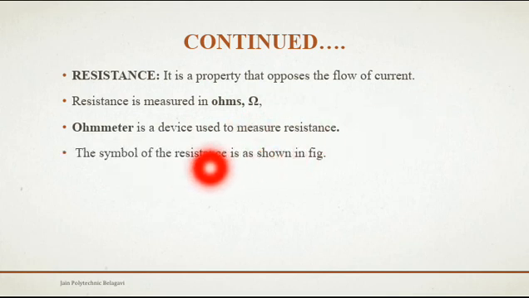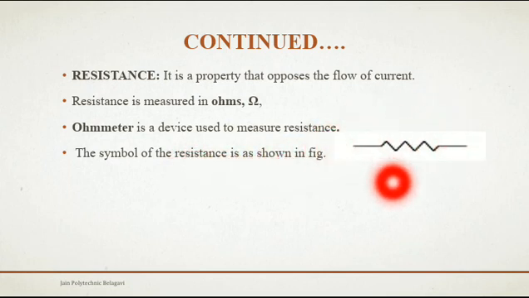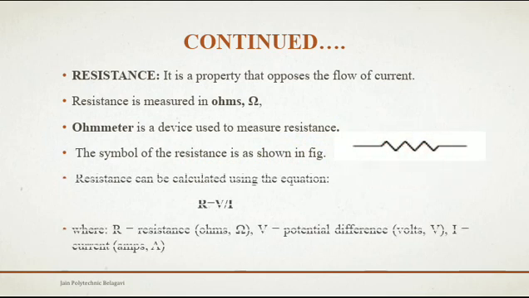You can see the symbol of the resistance here. Resistance is calculated using the equation R = V/I, where R is resistance measured in ohms, V is potential difference or electric potential measured in volts, and I is current measured in amperes.